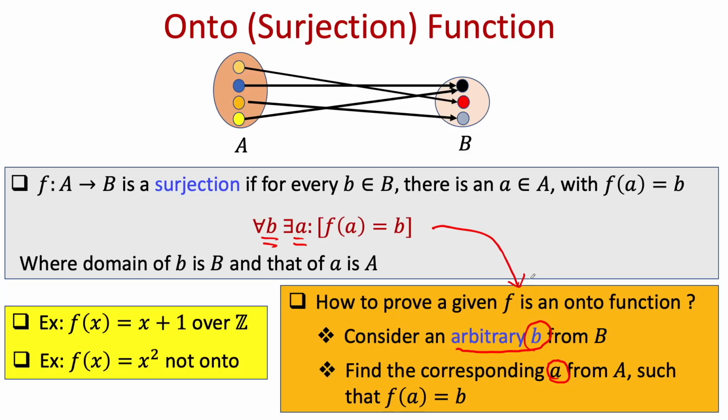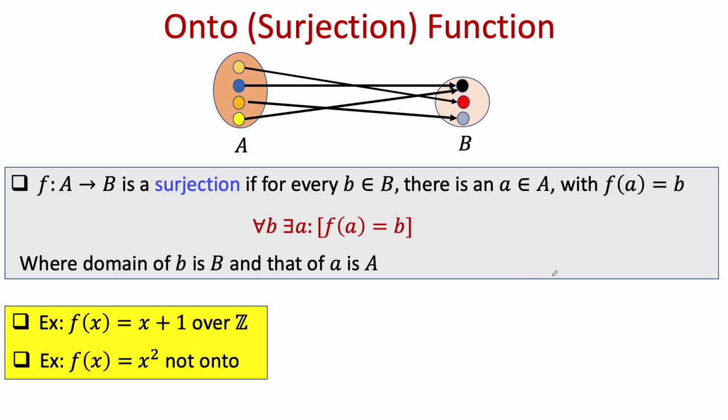And since we will show this for an arbitrary b from the codomain set, that will show that the condition holds for any element small b from the codomain set. That's how we prove whether a given function is an onto function or not.